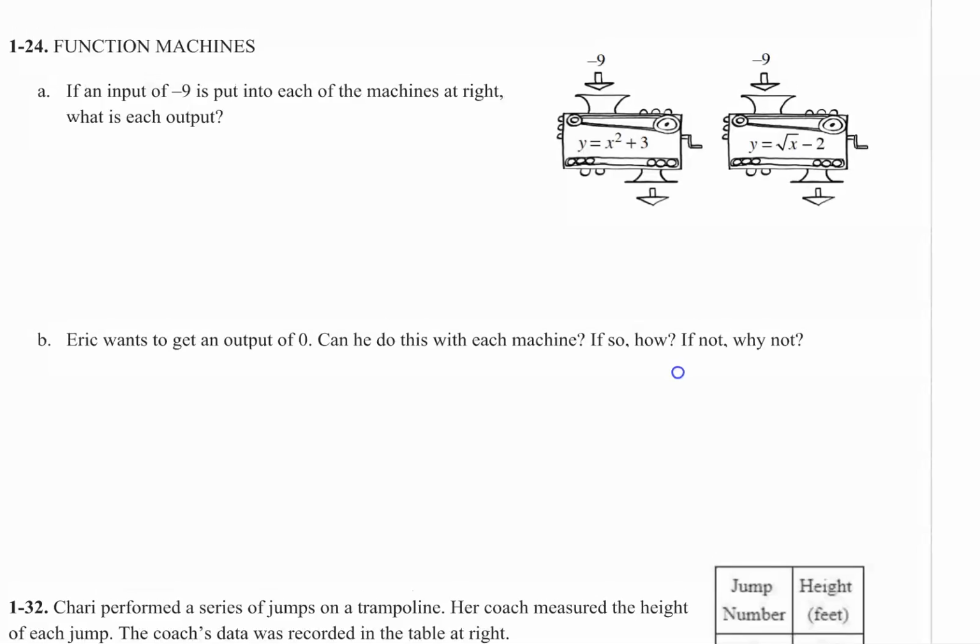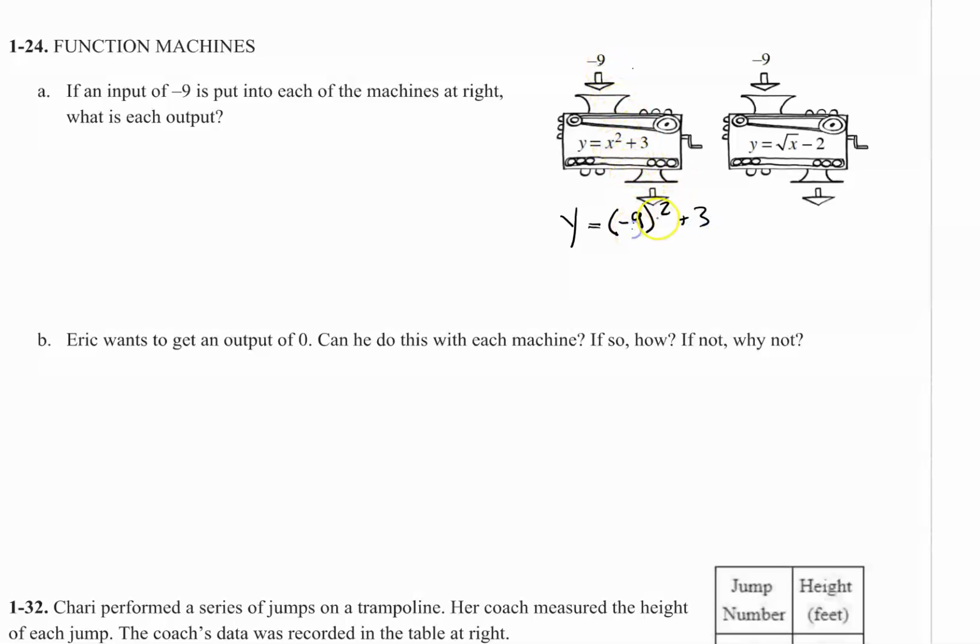Alright, 1-24, we've got some function machines. If an input of -9 is put into each of the machines, what is the output? Alright, let's talk about this one first. We've got y equals, -9 goes in for x. Don't forget, when you plug in a negative number, you put it in parentheses.